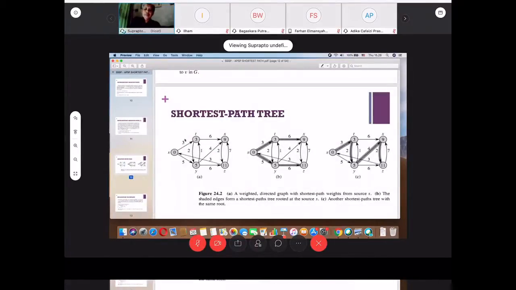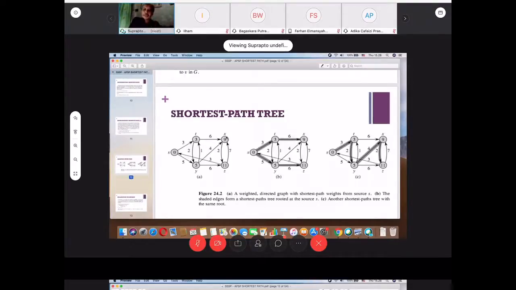There is the first path from S to X, and then the second path, then the third path, and then the fourth path. There are at least 4 paths from S to X.